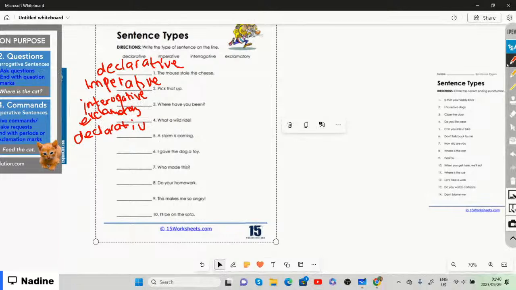It is you just telling someone that the storm is coming. Next, I gave the dog a toy. That is a statement that is being made. So this is declarative.